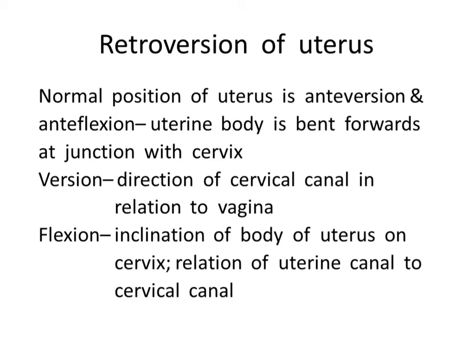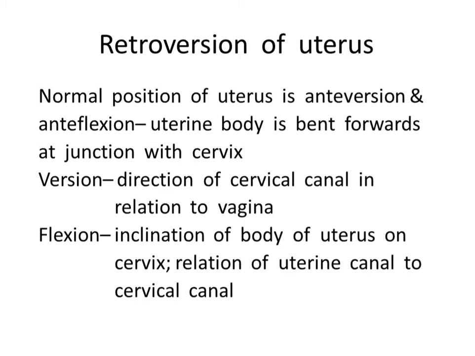The uterine body, I told you, is bent forwards at the junction with the cervix. Now, the relationship of the direction of the cervical canal to the direction of the vaginal canal, that is version. That is how the cervix is placed in relationship to the vagina. Now, what is flexion? Flexion is the way the body of the uterus is bent on the cervix.